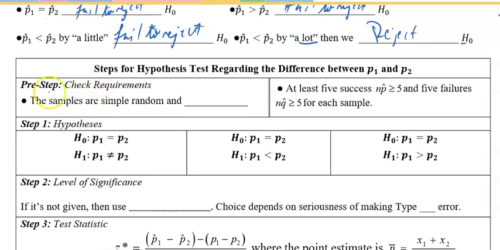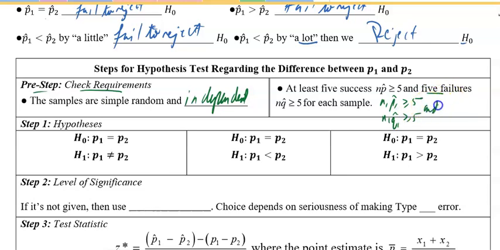We would look at the pre-steps to check requirements. The samples are simple, random, and independent. One of them does not depend on the other. This is the other case. You want N1 P1 hat to be bigger than or equal to 5, and N1 Q1 hat to be bigger than or equal to 5.